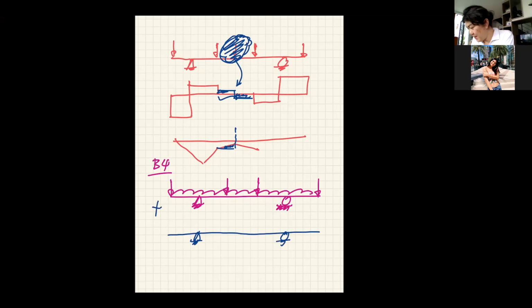Now you have B3 coming in here, and then you would have the floor coming in. So B5 is in fact B4 plus this one. Maybe I could say this is B3. Oh, sorry, that's B3. And for B4, this is B2, right?